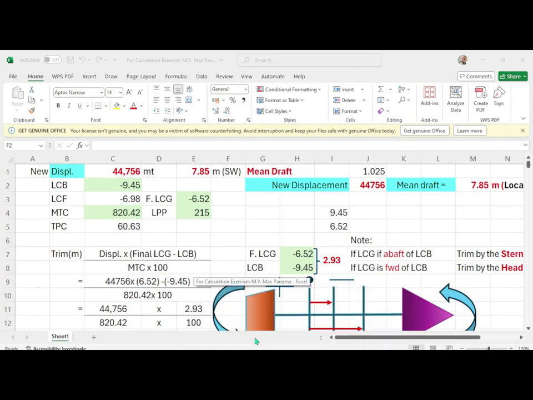Now let's proceed to the solution of the problem. You know already your LPP and your LCG. The first thing is to get the values of LCB, MTC, and TPC. So first we go to LCB.